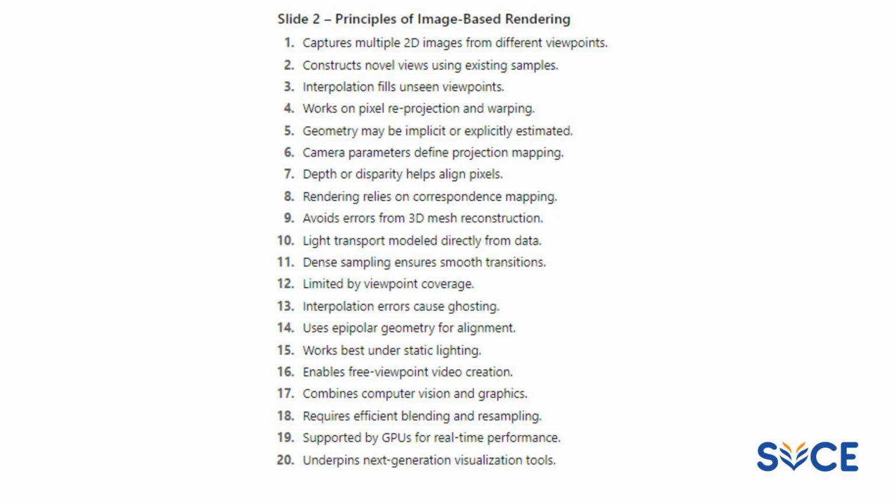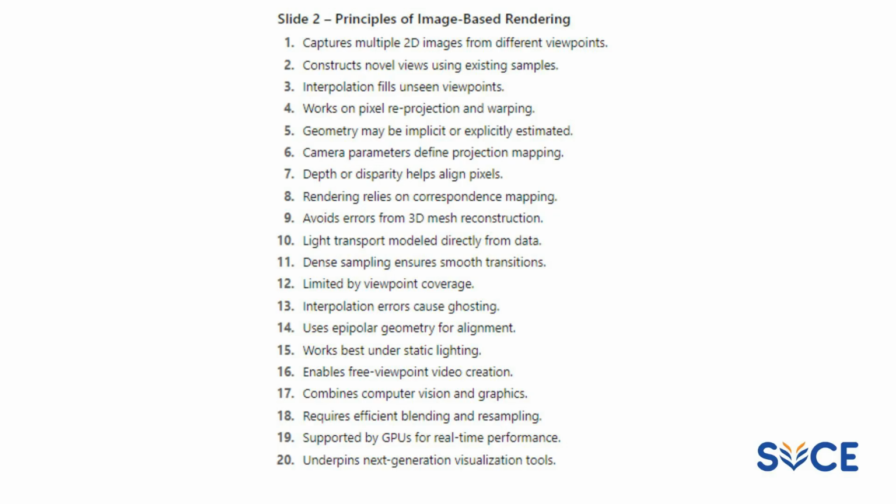So, the working mechanism of image based rendering begins with the acquisition of multiple images of a scene from different camera positions, as we discussed before. These images are usually captured under controlled conditions to ensure consistent lighting and exposure.